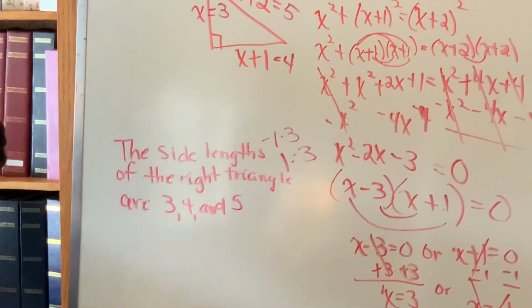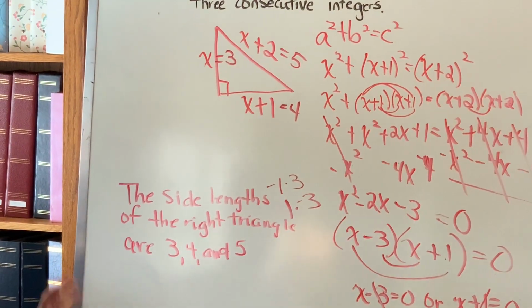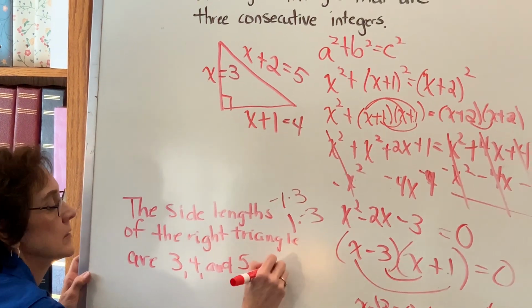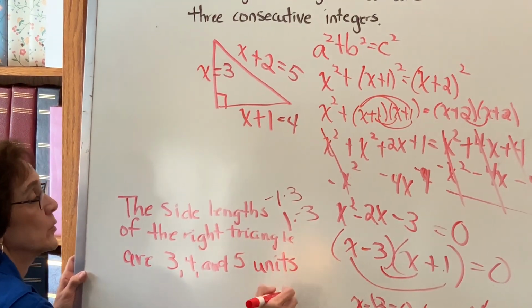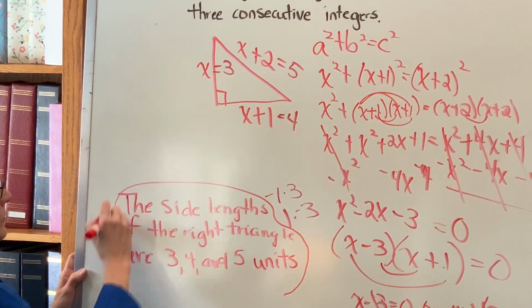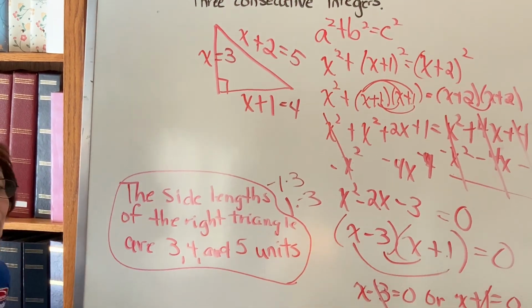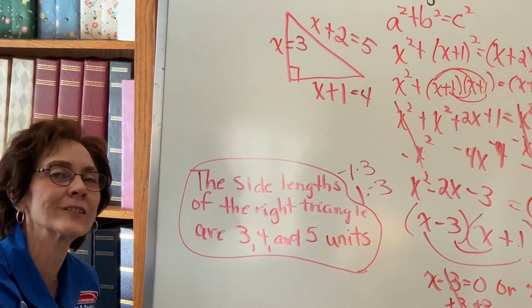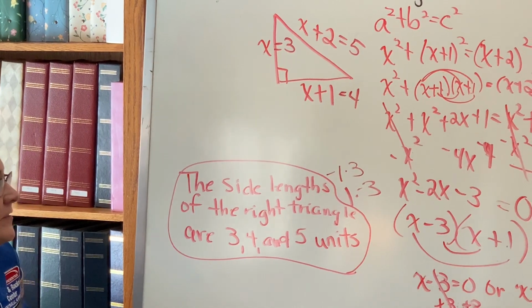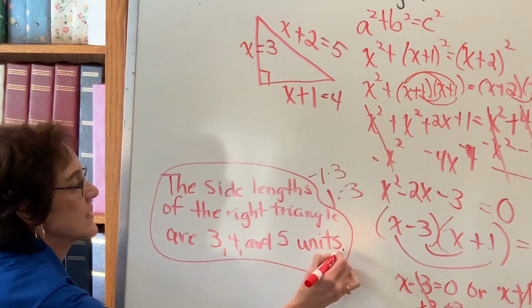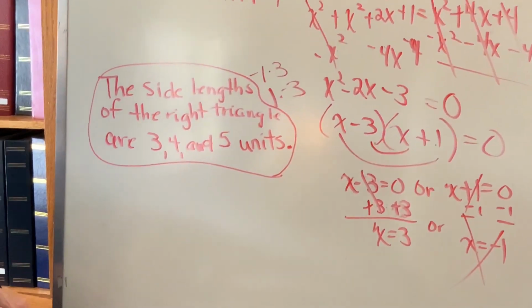And they didn't tell if it was feet or inches or centimeters or what, so we just have to say units. Because we don't actually know. But we know it's 3, 4, and 5. That's the only one that works for the consecutive numbers. Can't forget to put my period on there.